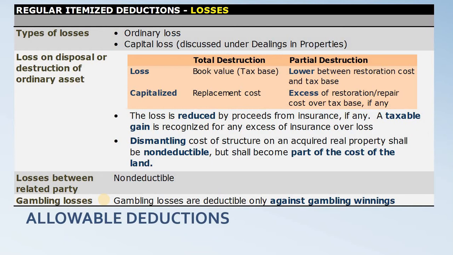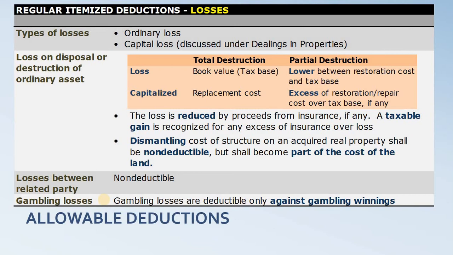So for the purpose of taxability of the gambling winnings, it can be reduced by the gambling losses. The excess of gambling winnings over gambling losses shall be the taxable gambling winnings. Which means that the gambling losses cannot be deducted from the gross income. However, it can only be deducted from gambling winnings.